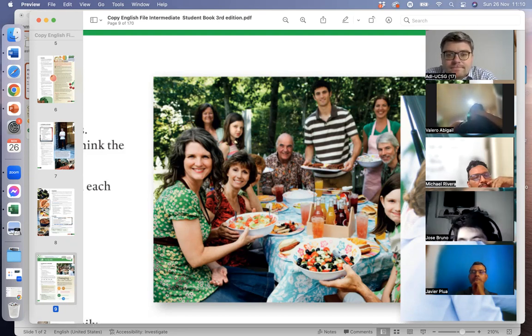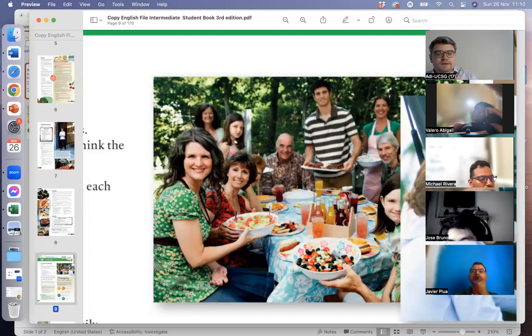Maybe they are having a family picnic with their grandparents, grandmothers, cousins, sons, maybe daughters. That is a fantastic picnic in the forest with their family. I can see that they are eating vegetables. Maybe they are having breakfast with some juice.